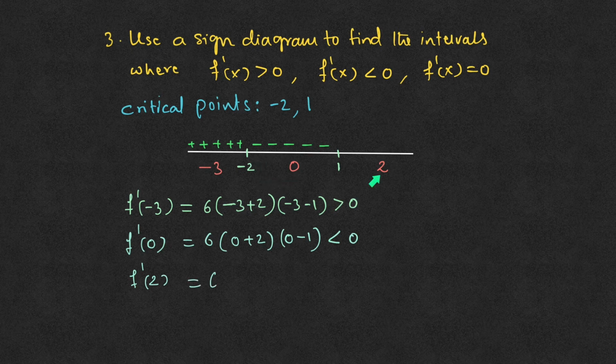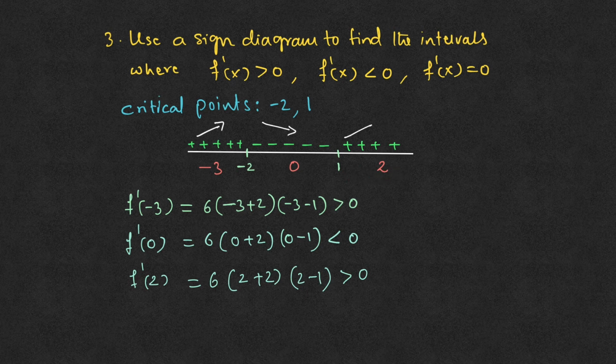Similarly, find the sign of the derivative at the test point 2. f prime of 2 equals 6 times 2 plus 2 times 2 minus 1, which is a positive number, which means the function is increasing in this interval containing the test point 2.